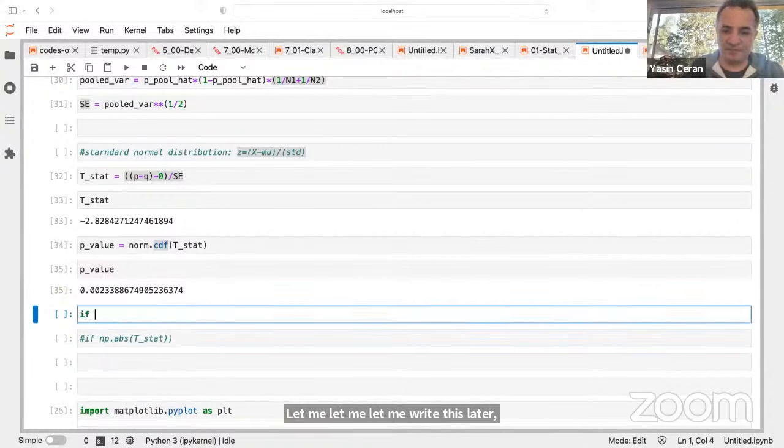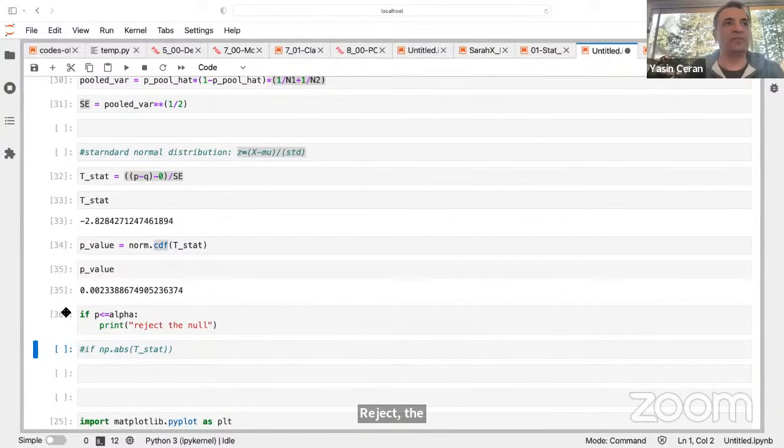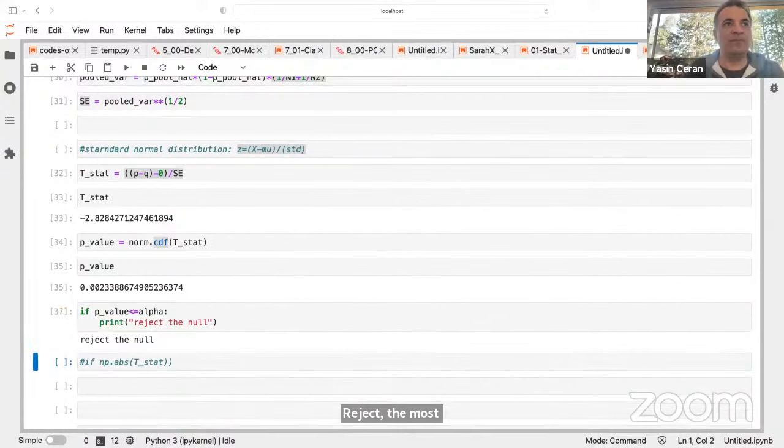If p is less than or equal to my alpha, print reject the null. Right? So our p-value is less than or equal to alpha.